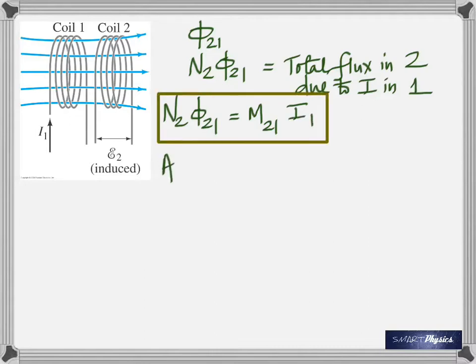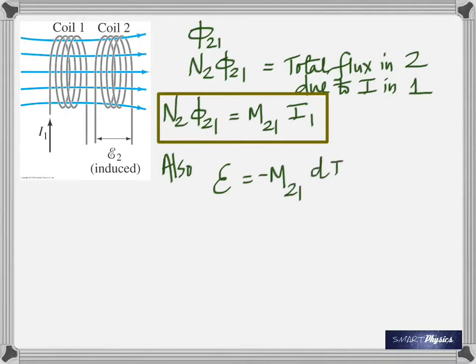This is an important equation because we know that flux depends on the current, isn't it? So on the left-hand side, the total flux associated with coil 2 depends on the current flowing through 1 and that constant which is called mutual inductance. Okay? And then by Faraday's law, we know E is minus d phi by dt.